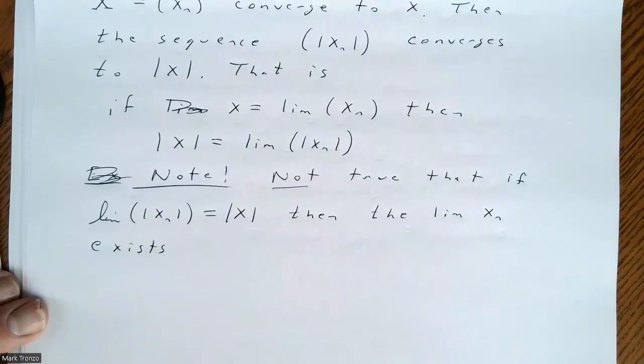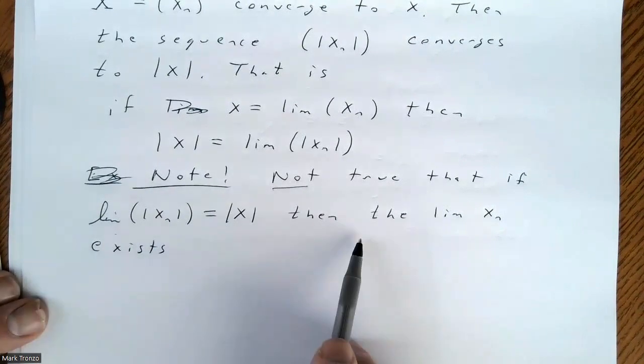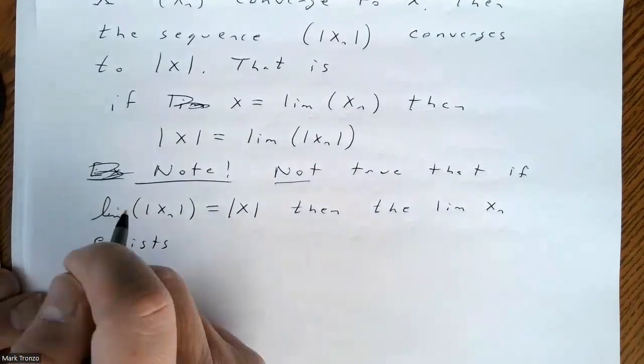If the limit of the absolute values exists, then it does not imply that the limit of the terms exists. You can think of an example.